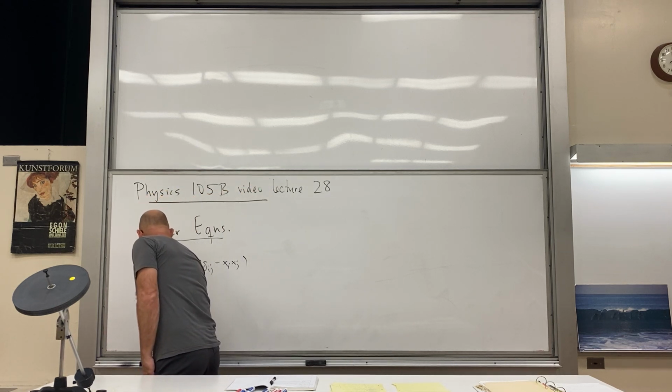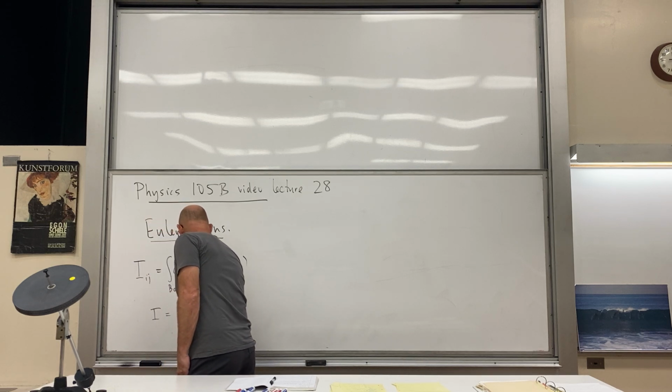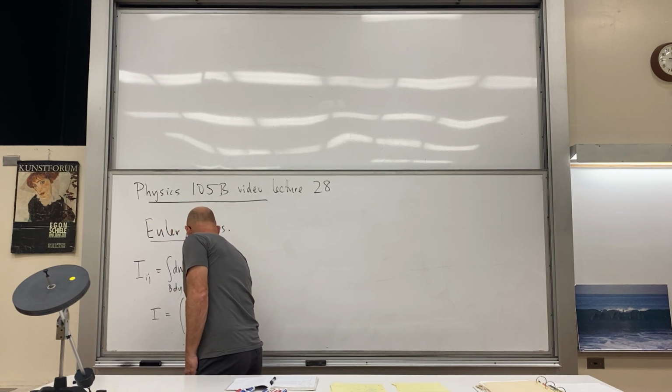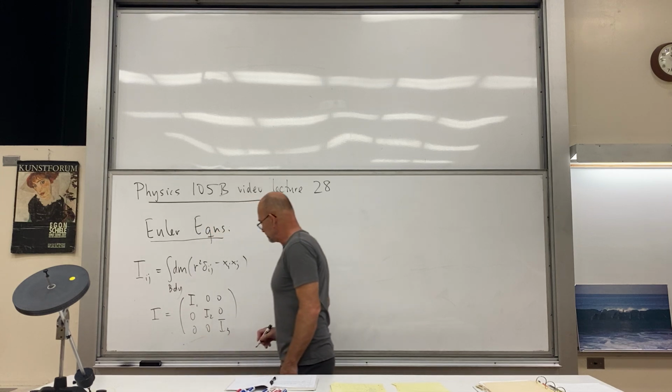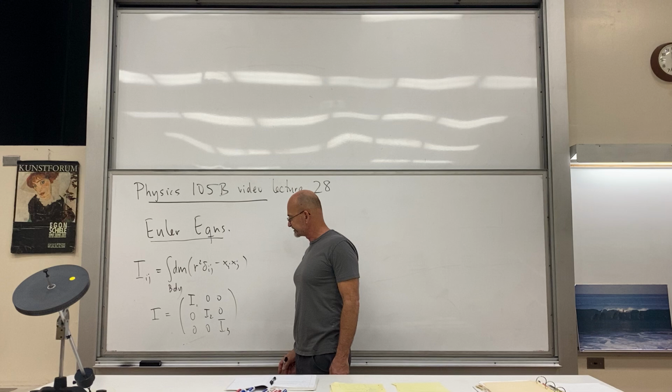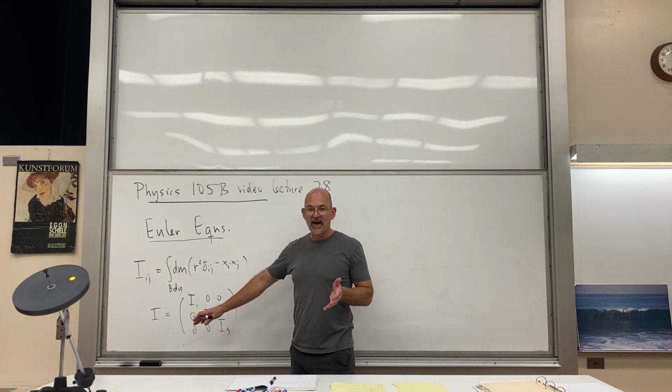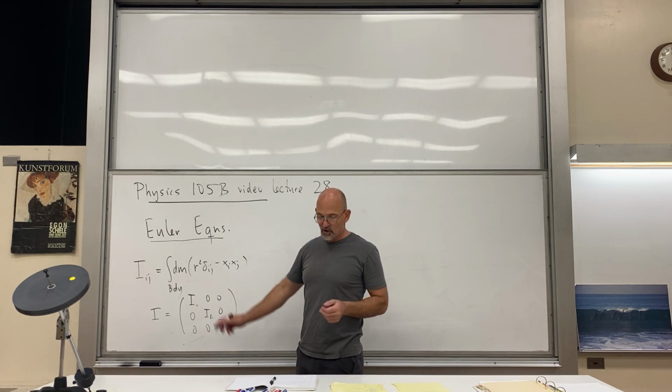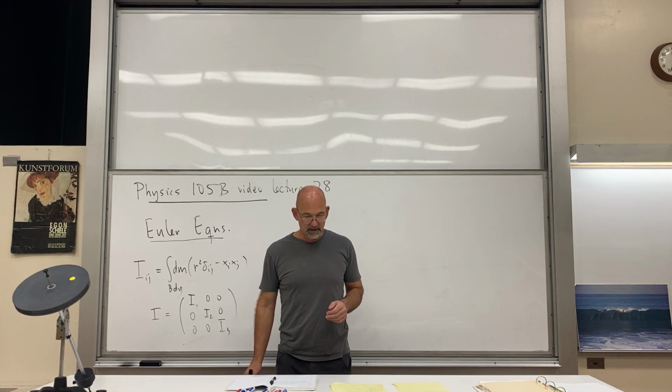We're going to have very often I1, 0, 0, 0, I2, 0, 0, 0, I3. Because that's always possible, and depending on the values of these, you have different types of tops or gyroscope, whatever you want to call it.